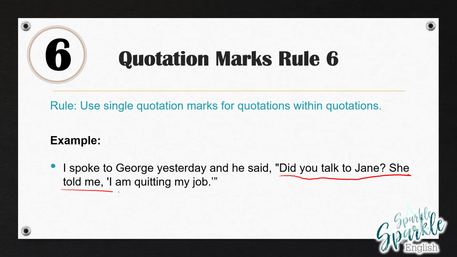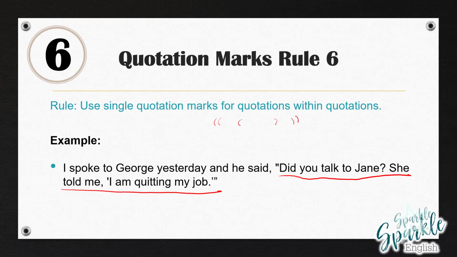She told me I am quitting my job. This is what George said, but George is also quoting someone within his quote. So to separate this, we have to use single quotation marks. So we have double, which is what we normally will use. And then if you're quoting someone within that, you'd have to use a single.